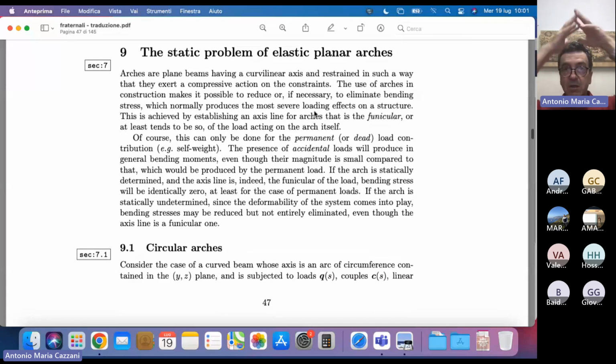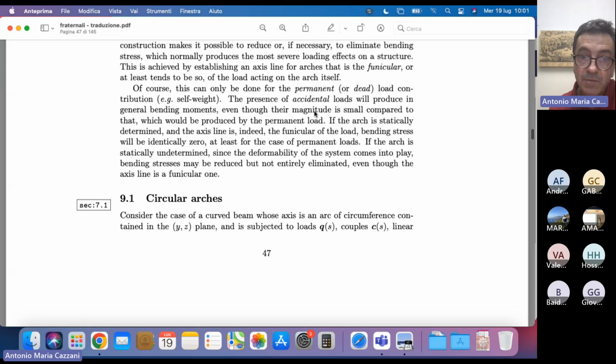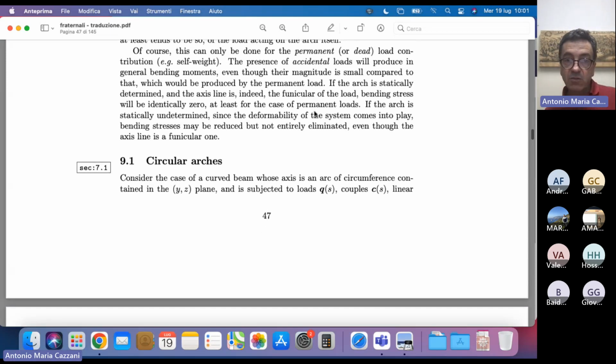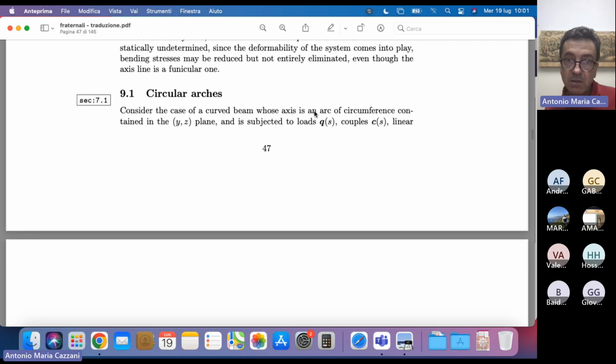is to go to the static problem of elastic arches, plane arches. And so in particular, we can consider the case of a curved beam whose axis is an arc of a circumference which is contained in the YZ plane.